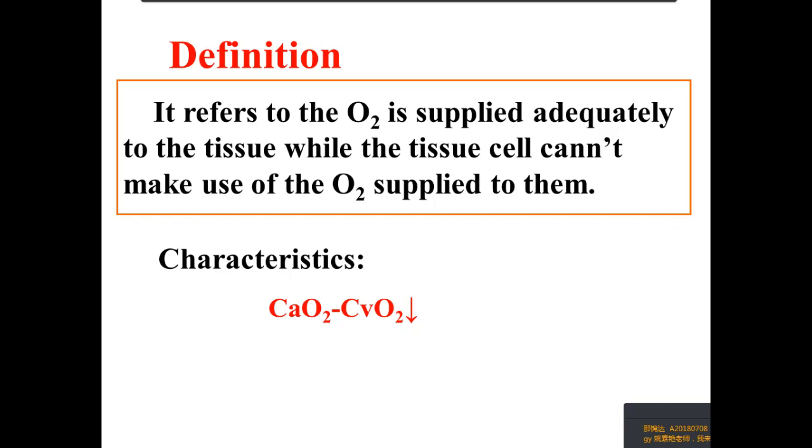Now, in the circulatory hypoxia, arteriovenous difference of oxygen content increase. Now oxygen content in where? Decrease. Now during the ketogenous hypoxia, arteriovenous difference of oxygen content decrease. So oxygen content in venous blood increase.